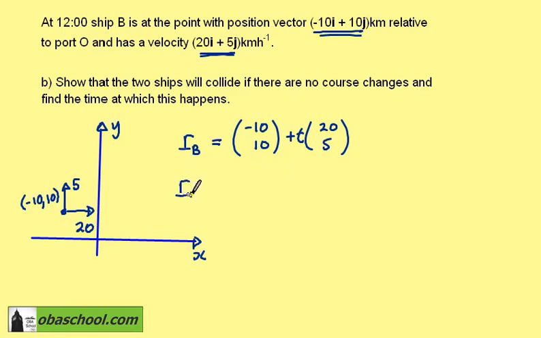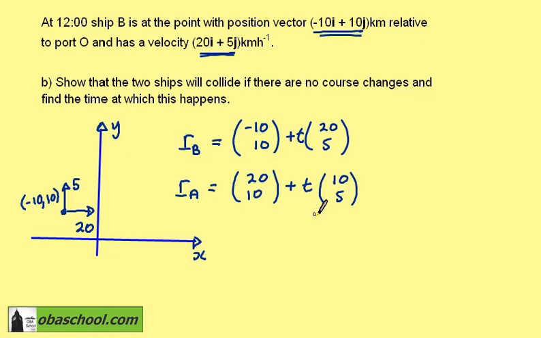If we apply the same approach to the position vector for ship A, it started at (20, 10) and then moved 10 across and 5 up every hour. So therefore we can write (20, 10) plus t times (10, 5).